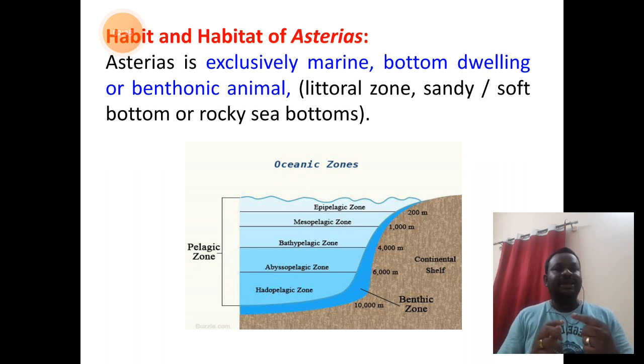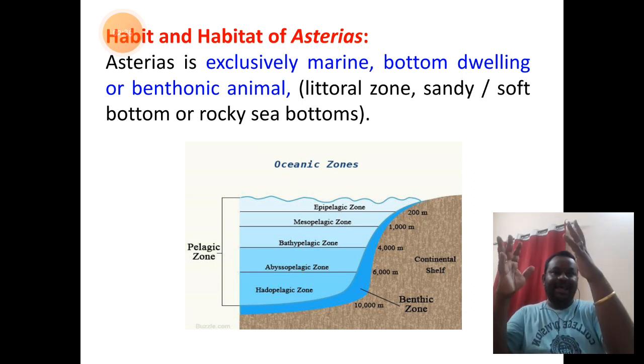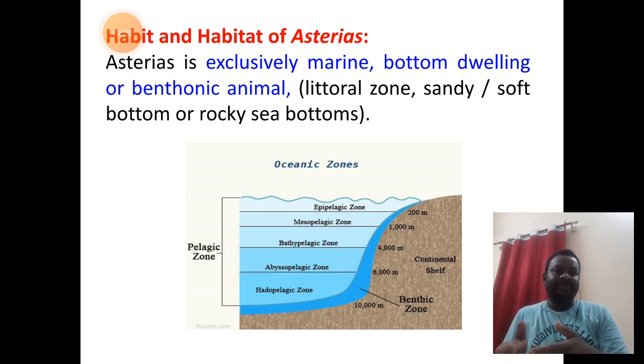Habit refers to the place where it lives. Habitat is the dwelling place. So the external appearance and the place where it lives, together we are going to understand now. We know that echinoderms are invertebrate organisms which are exclusively marine forms.